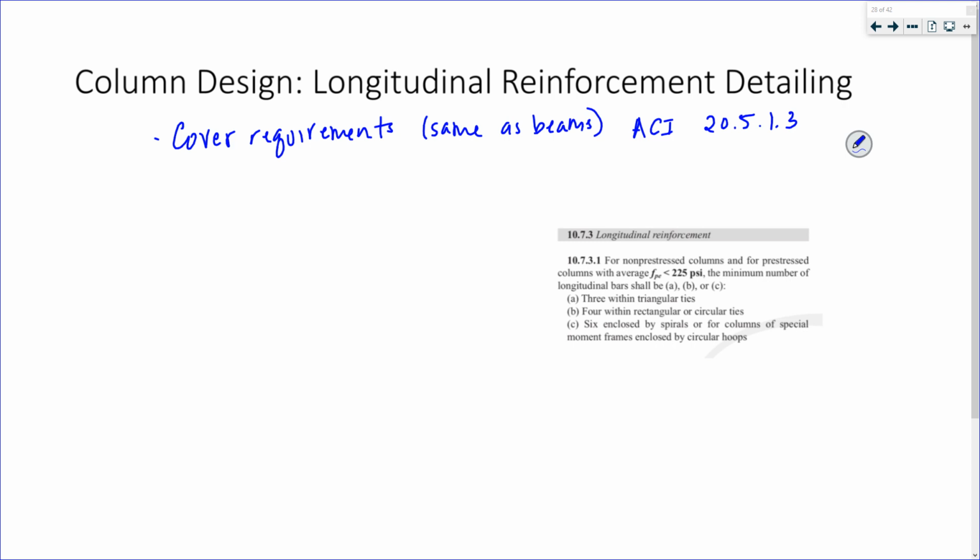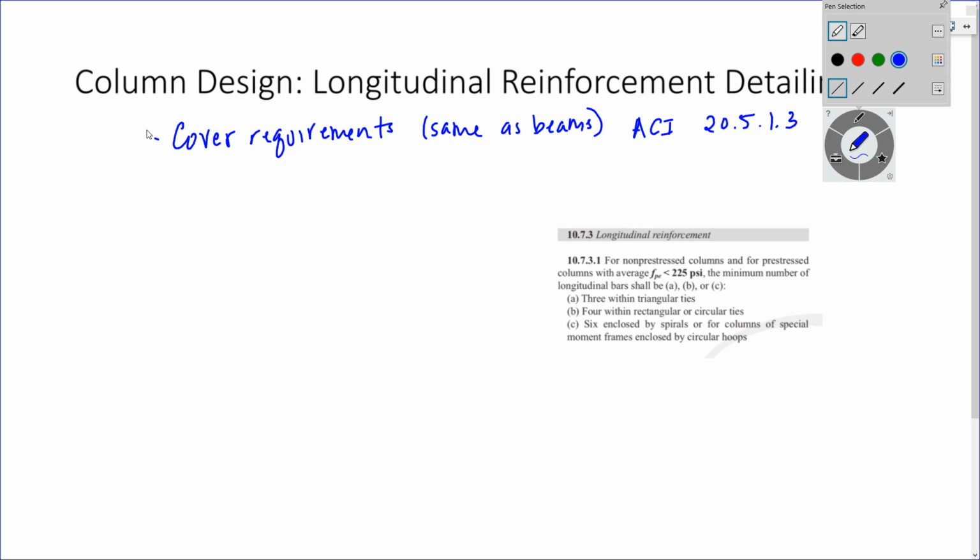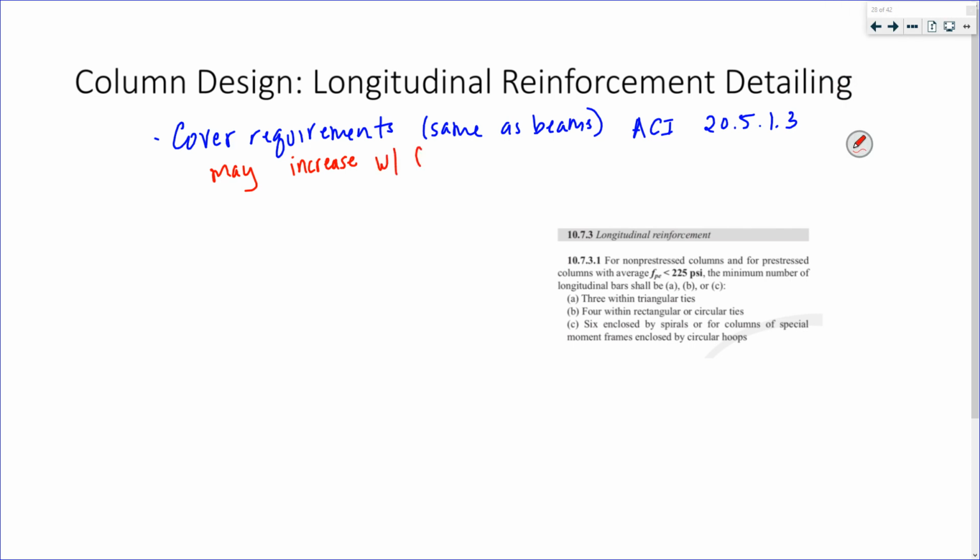So generally you're at like 1.5 inch cover. This may increase, let's make a note, with fire code. Right, maybe 1.5 inches is what ACI requires, but the fire code says 2 inches. So that's something to pay attention to.